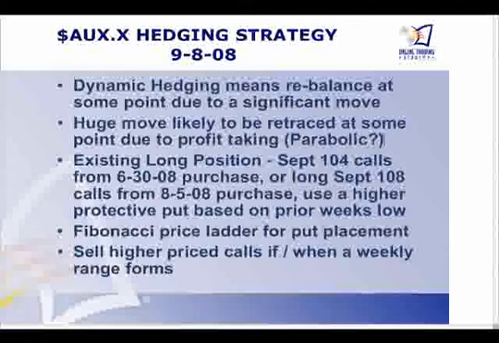But at that point in time, I would use either a higher protective put based on the prior week's low, or I would whip out a Fibonacci price ladder for put placement protection. Okay, and again, if another higher range, I could think about selling higher price calls again.